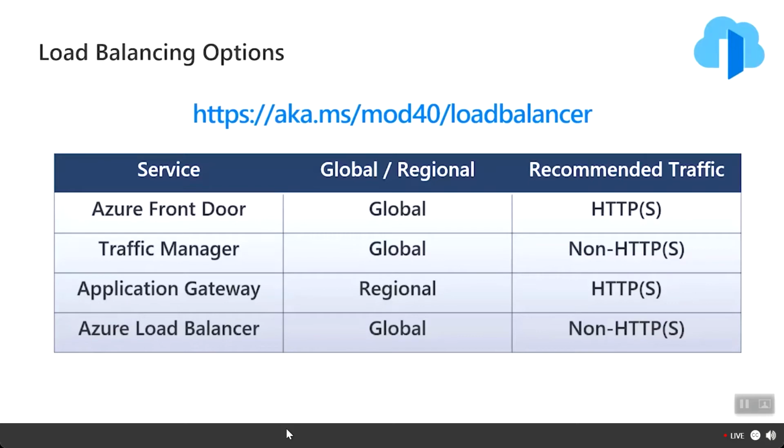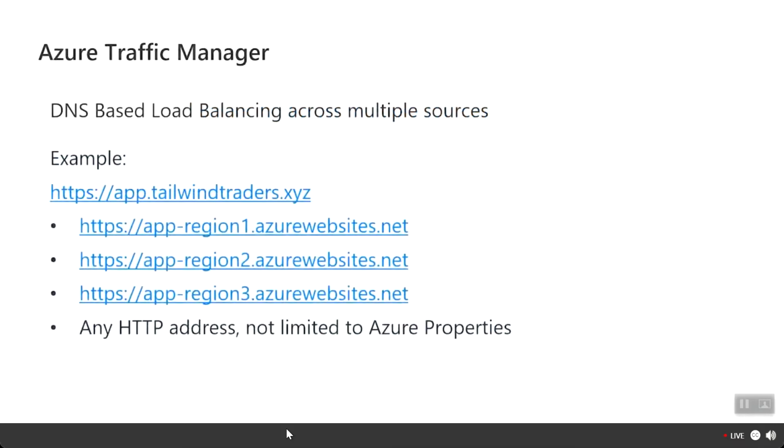Now, we could talk for a very long time, for a whole session or more, about traffic balancing and load balancing. And so if you go to this aka.ms link here, it's going to bring you to a page where those options are discussed in a lot more detail. So we are going to use here in the demo the Azure Traffic Manager, and it's a DNS-based load balancing, so it's going to do a redirection depending on different rules that you set up.